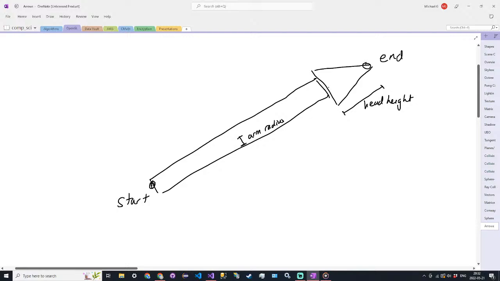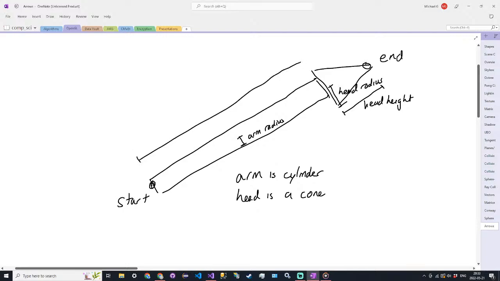And then we're also going to have a head radius. The arm is essentially a cylinder, and the head is a cone. The cylinder is also going to need a height, but given the start and the end points and the head height, we'll be able to determine this.